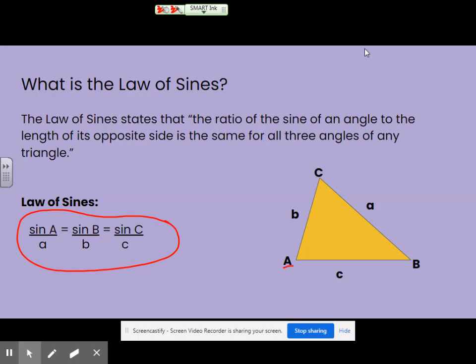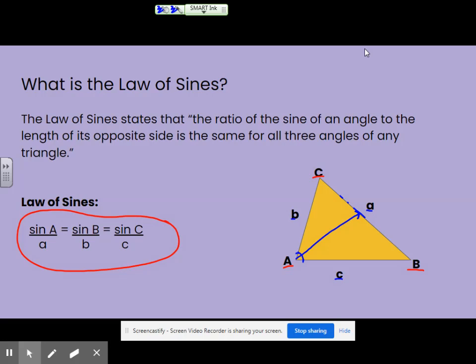I see that all of my angles are denoted with capital letters while all of the sides are denoted with lowercase letters. Another thing I noticed is that the sides and their angles directly across have the same letter. Directly across this angle A is side length lowercase a.